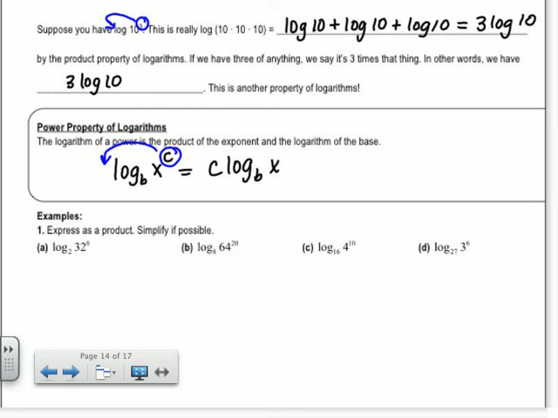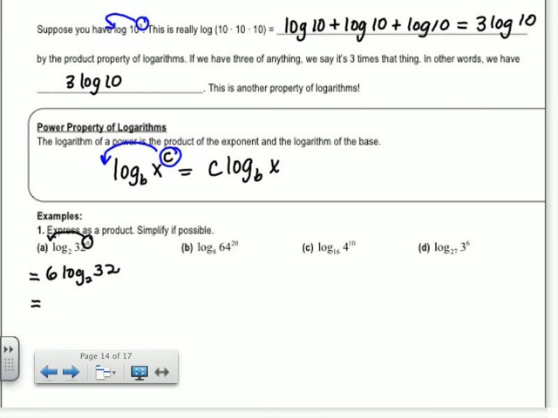Okay, number 1, express as a product, simplify if possible. This is kind of putting everything together. When you see that exponent, the first thing you want to do is bring it to the front. I don't want to figure out what 32 to the 6th power is. That doesn't look very fun. So bring it to the front. So I have 6 log base 2 of 32.